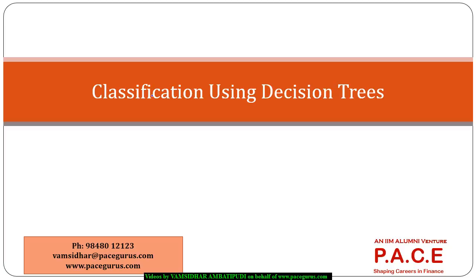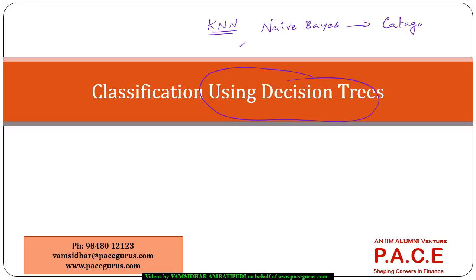Everyone, in this session, I would be talking about using decision trees for classification purposes. We already know that for various kinds of classifications, you can use a KNN algorithm, which is the nearest neighbors, or you could use naive Bayes algorithm, especially if your classification is based on categorical kind of data.